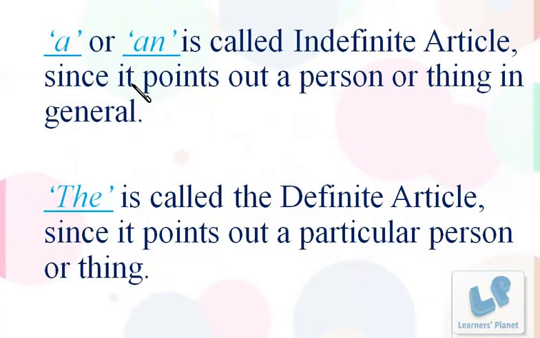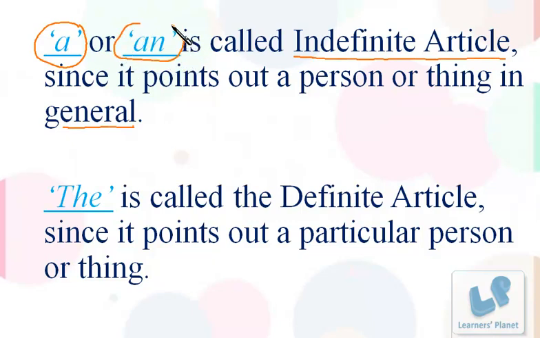Now we'll discuss the various articles in the English language. So let us see. A or an is called indefinite articles since it points out a person or a thing in general. A and an talk about things which are not anything particular.